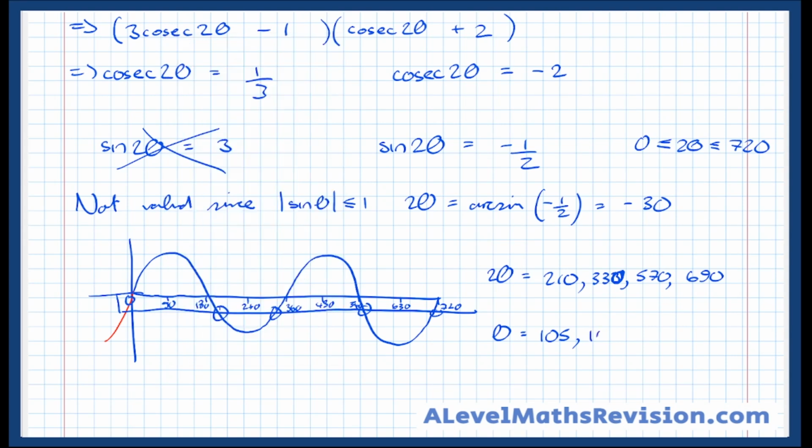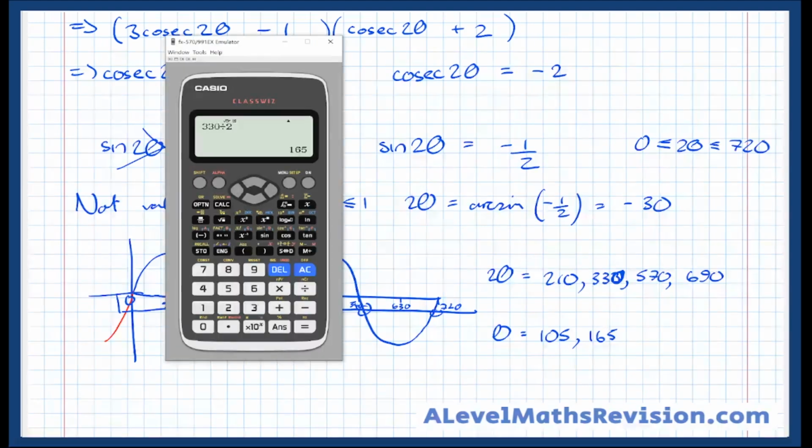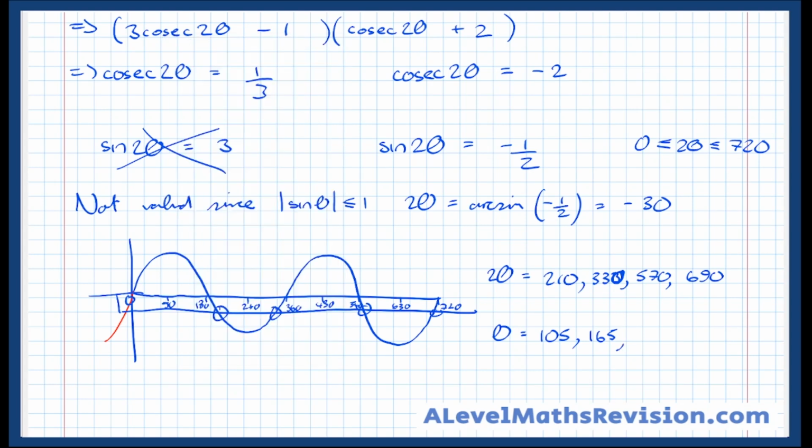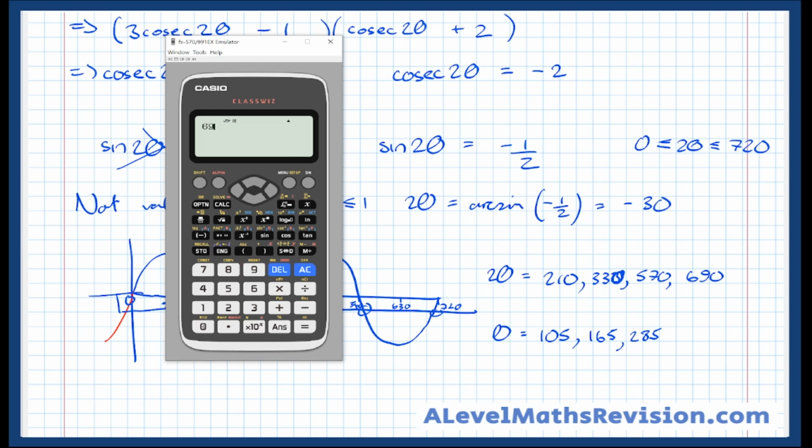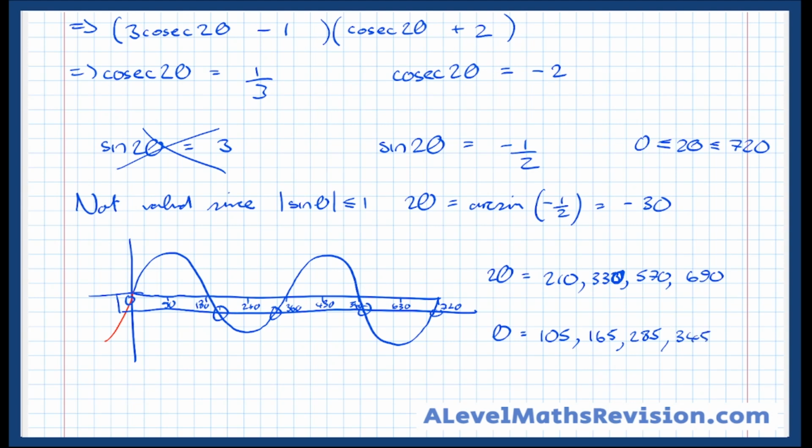It's what leads to mistakes in exams. 165, 570 divided by 2 is 285, and then finally 690 divided by 2 is 345. And there are all of our solutions for theta now. So that's it.